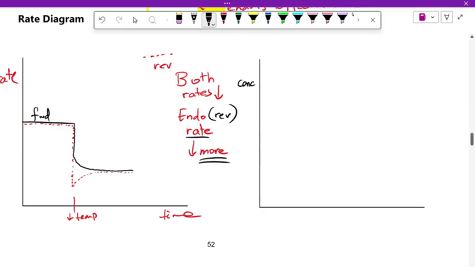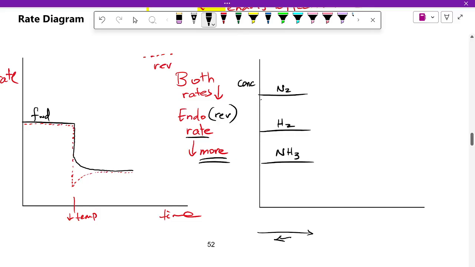Then we have a concentration. N2, H2, NH3. And our reverse rate was smaller than our forward rate.